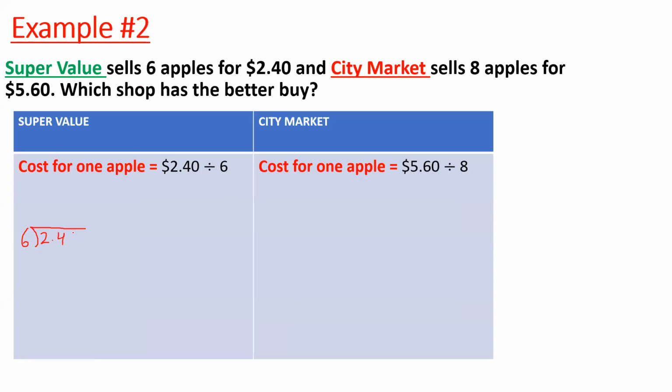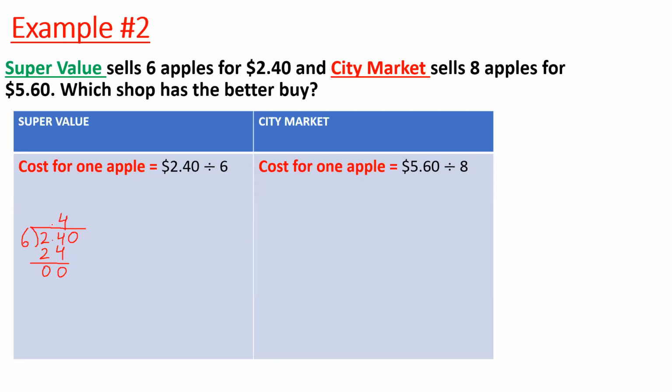240 divided by 6. How many times does 6 go into 24? 6 times what number gives you 24? That's going to be 4. So 6 times 4 is 24. We bring that down. 24 minus 24 is 0.